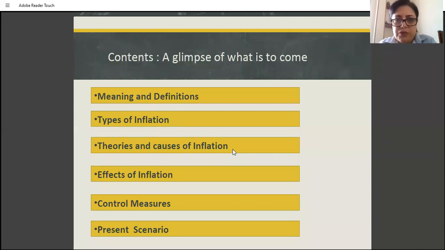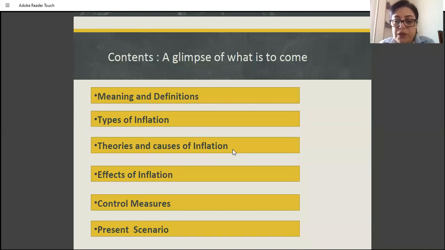The question for today is inflation. So we have to understand the meaning of this economic notion and try to define what it is. Then perhaps we need to discuss the major causes of inflation and the types of inflation.